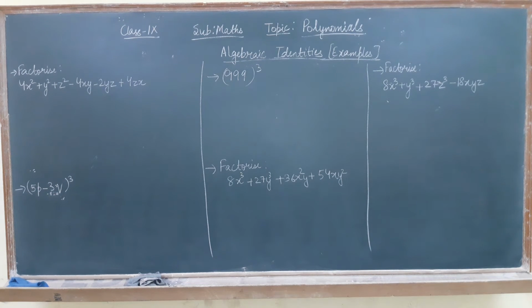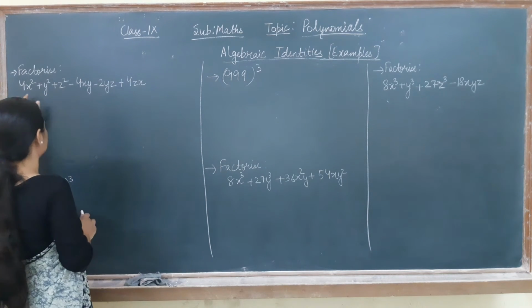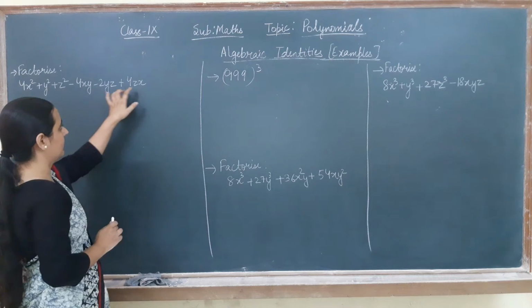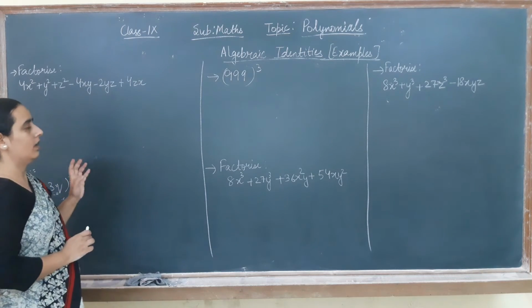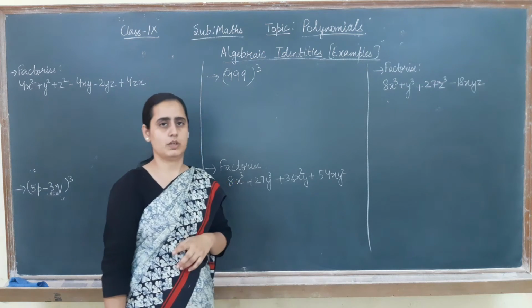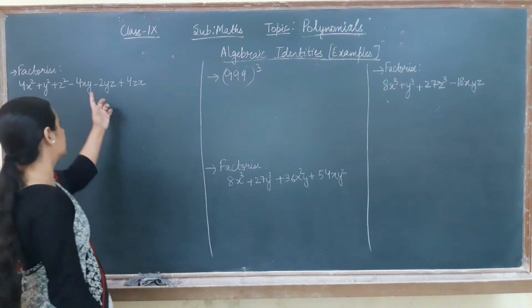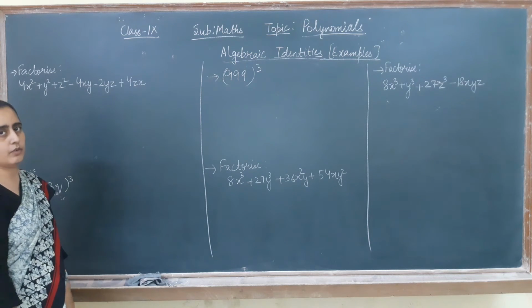the next example is factorize this thing. If you see the terms here, x square, y square, z square, xy, yz, zx, they all come in the identity of x plus y plus z whole square. But in that all the terms are positive, and here we can see some terms are negative also.